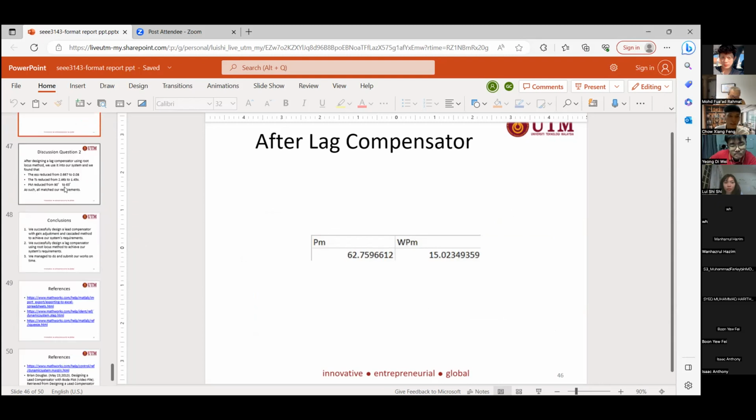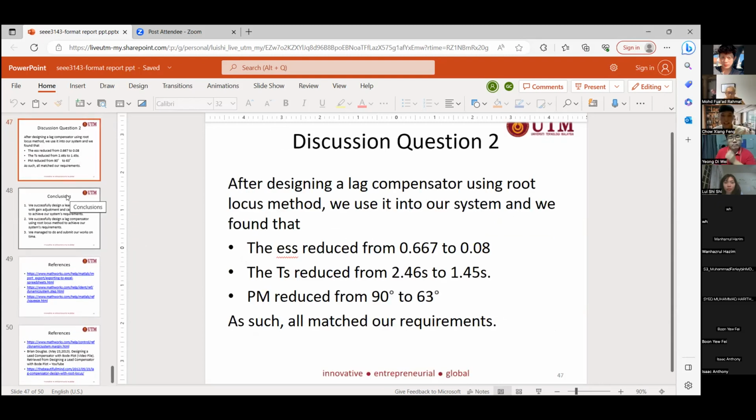Next, after designing a lag compensator using the root locus method, we use it in our system, and we found the ESS ranges from 0.667 to 0.08, which is an improvement for our system.